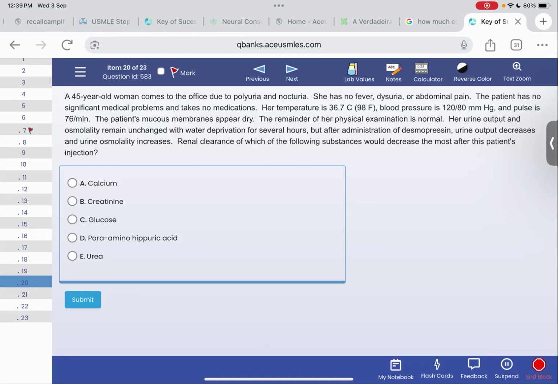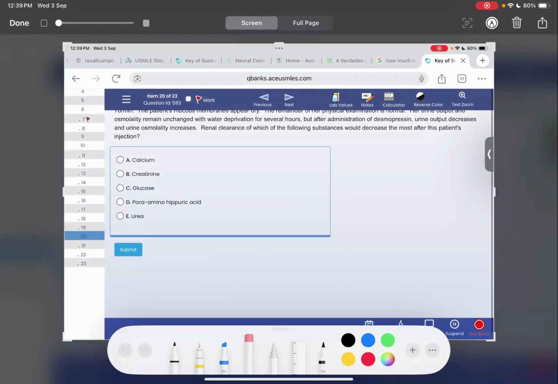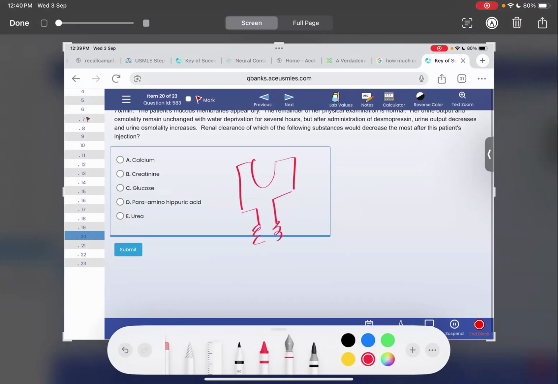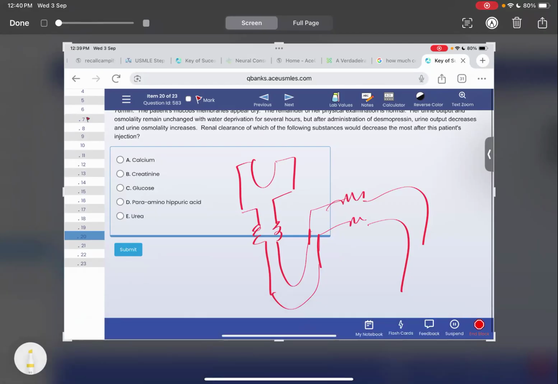Can you repeat this concept, please? Sorry, it's not about this question, it's the previous one. So what she was saying: if this is the proximal convoluted tubule, this is the loop of Henle, this is the distal, and this is the collecting ducts, which part is water permeable and which is not?